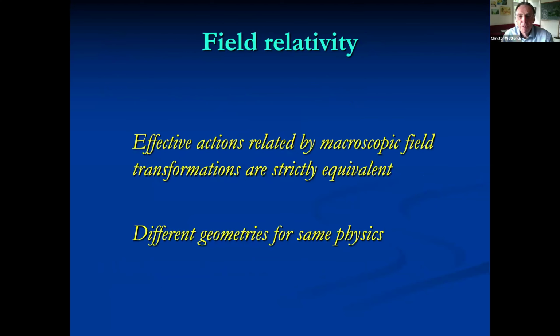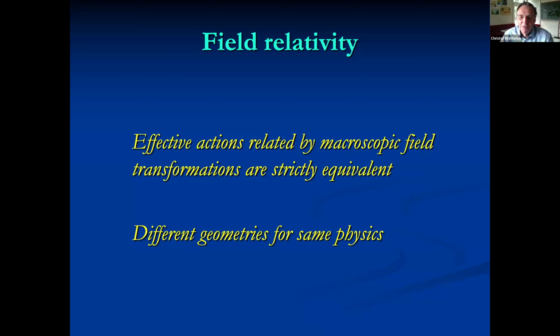The important property of this macroscopic field transformation is what is usually related to field relativity. That simply says that effective actions that are related by macroscopic field transformations are strictly equivalent. And in particular, when you transform your macroscopic metric, you may have different geometries for the same physics.